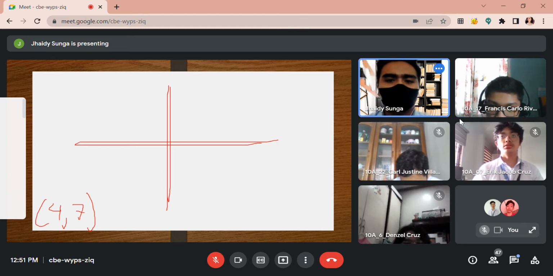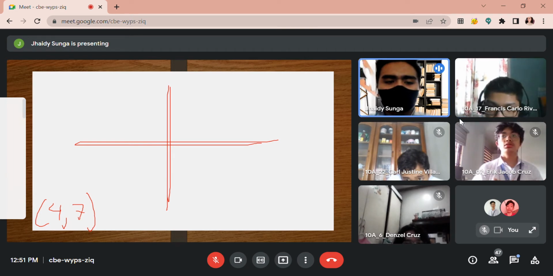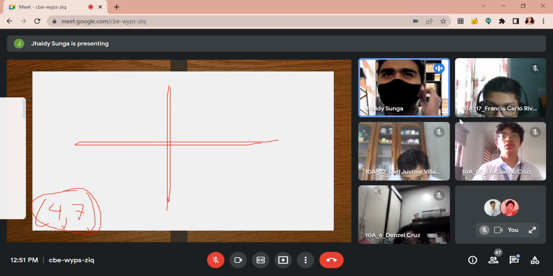Which is which? The x-axis, the horizontal line. Y-axis, vertical line. Alright, so from the given 4 and 7, which is x and y, how would we know? 4 is x, 7 is y. Alright, that's correct. Francis, thank you for that one.